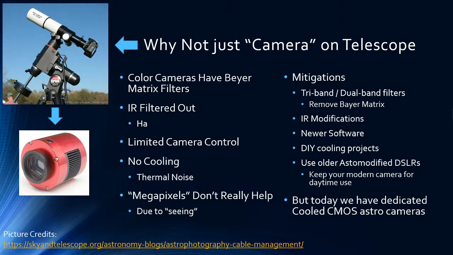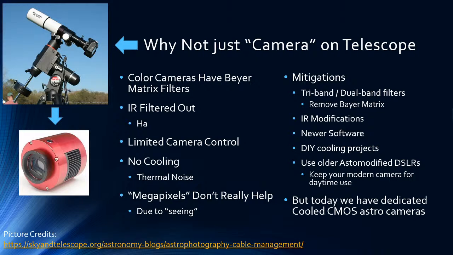So the next thing is, these cameras are not cooled, and cooling makes a huge difference in the amount of noise that you see when you take images of the sky at night. There's something like a doubling of noise for every 5 degrees centigrade of temperature that you can cool the sensor.